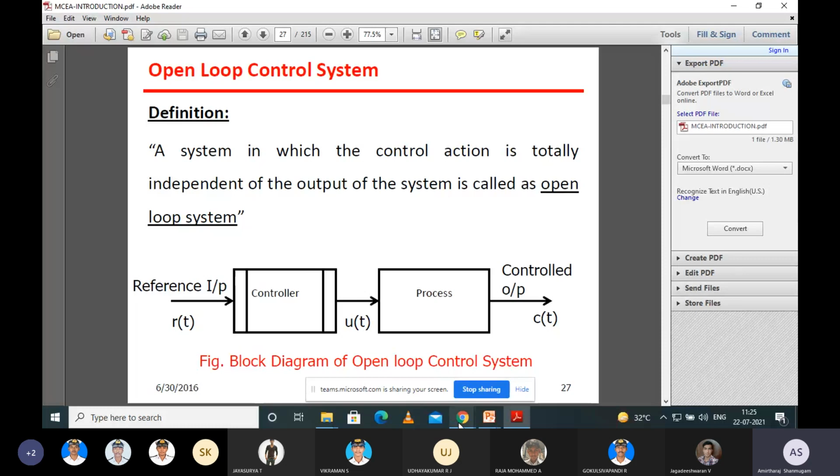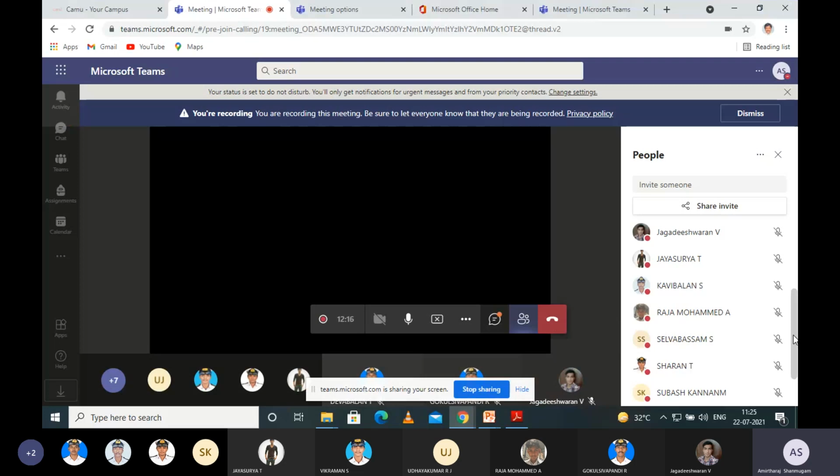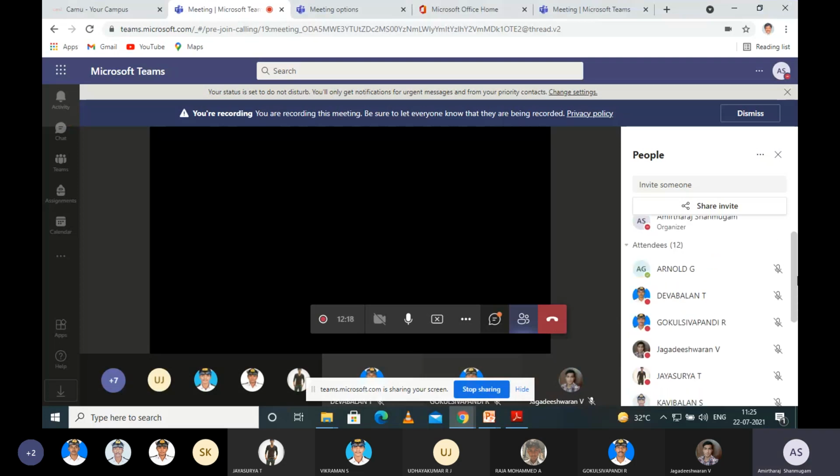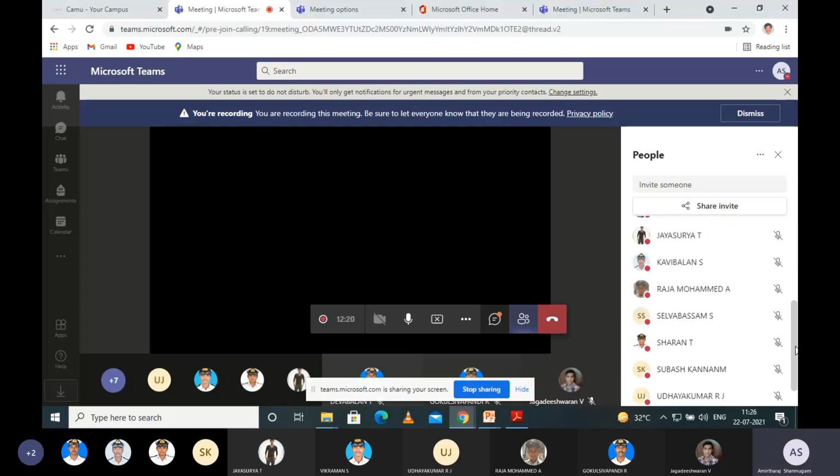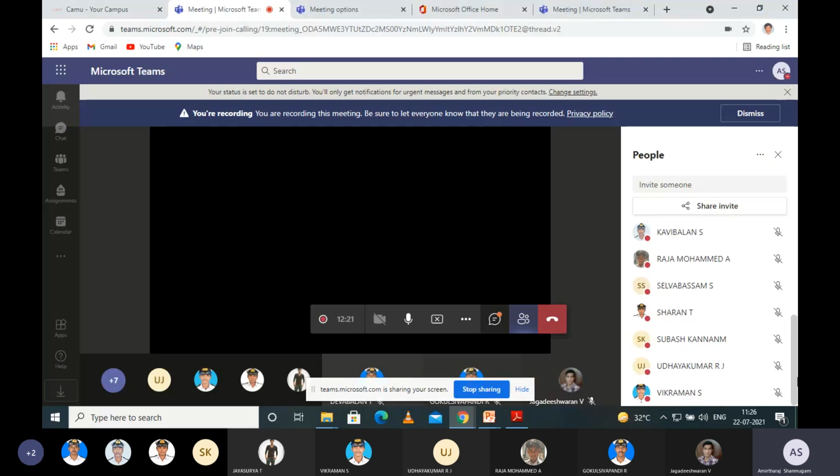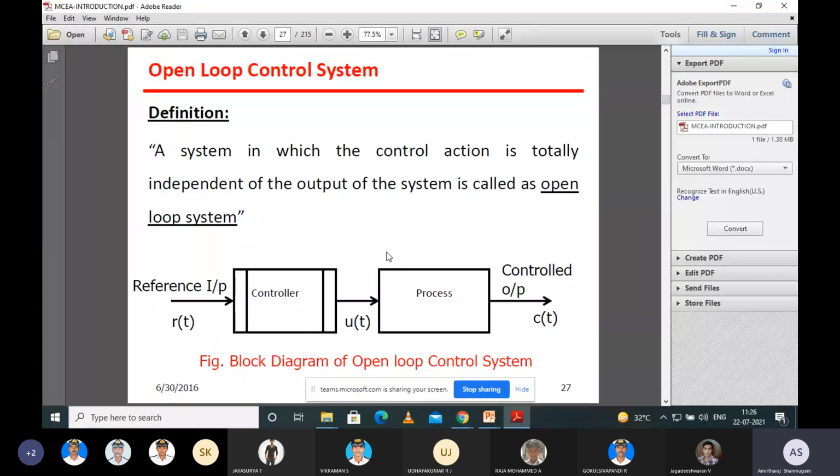So we are familiar with our control system. Without a regulator, we cannot adjust the speed, but we can run the machine.